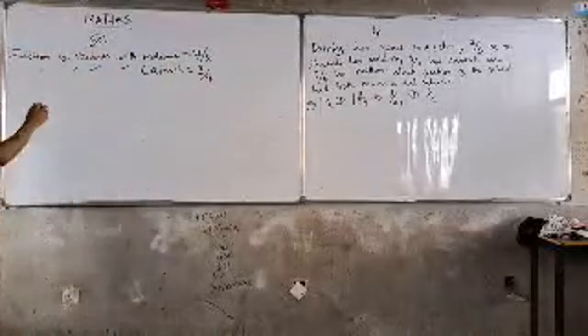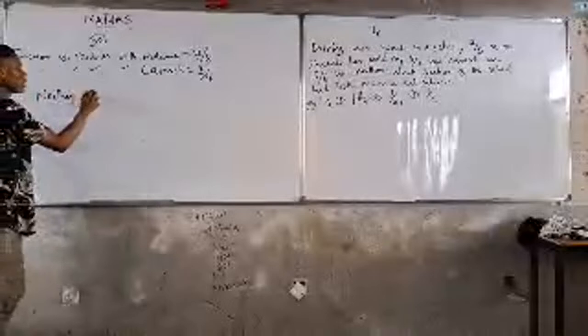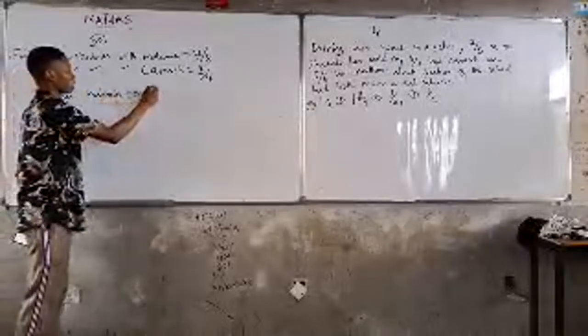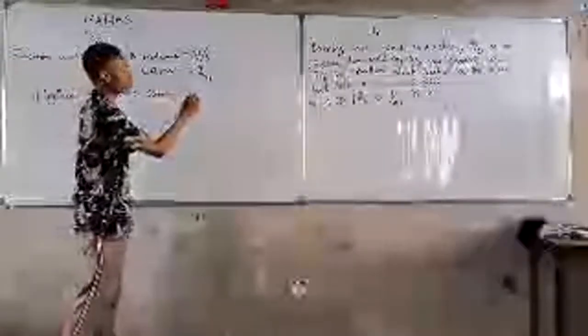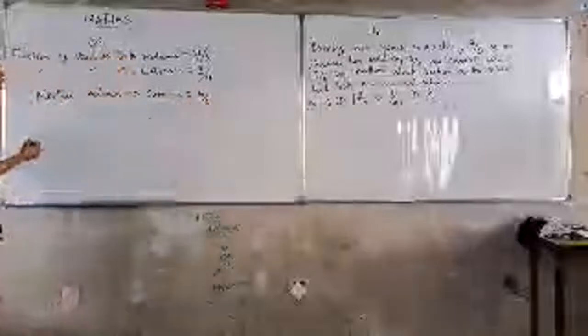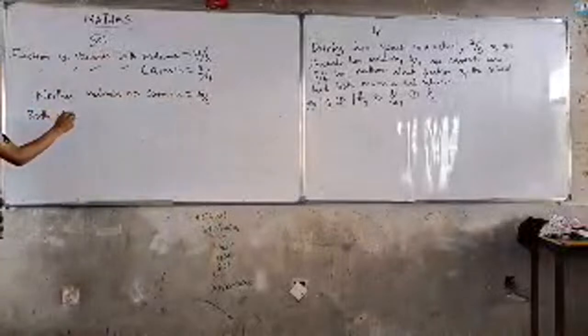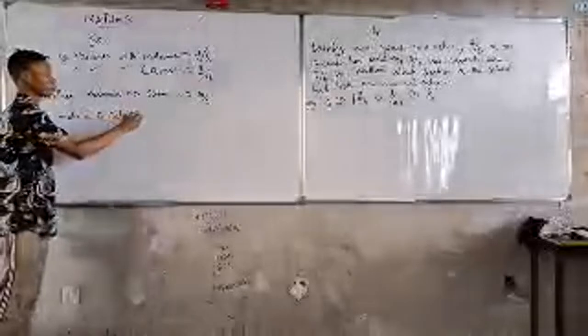And 5/6 had neither malaria nor catarrh. We have what fraction? 5/6. And we are asked to find those that have both what? Malaria and catarrh. This is what we are asked to find.